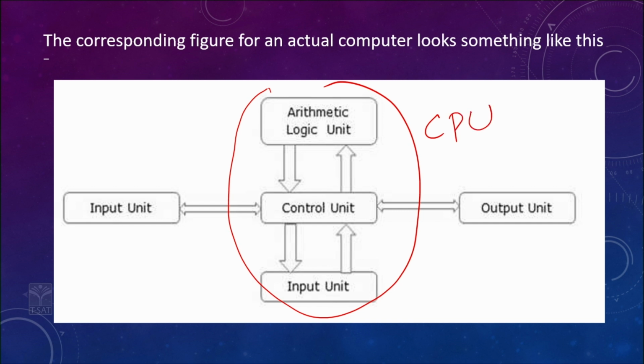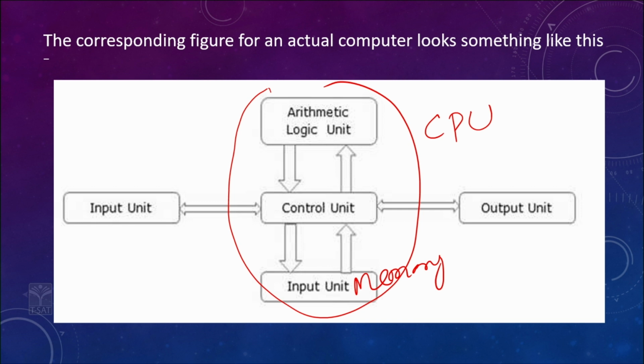In the central processing unit, you have the arithmetic logical unit to perform the arithmetic and logical operations, and the next one is the control unit, which controls the total computer operations. One more thing here is the memory, and the other one is the output unit.